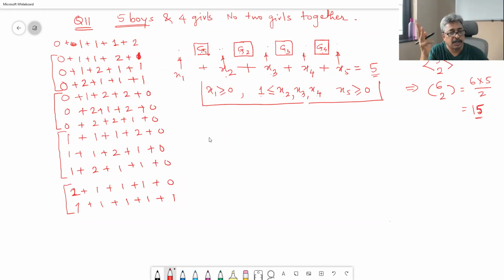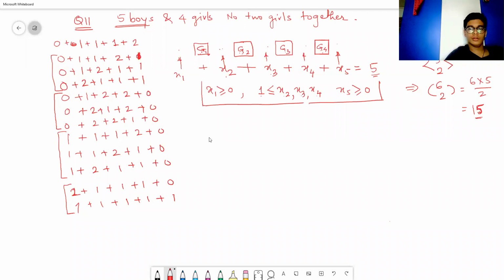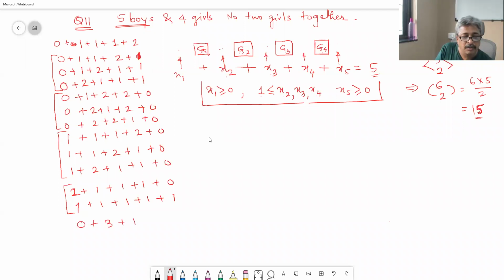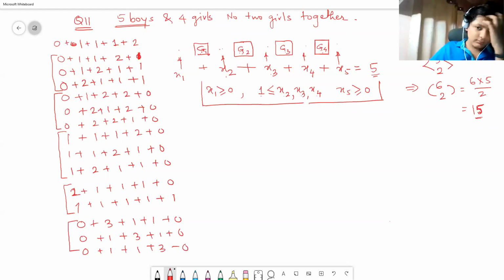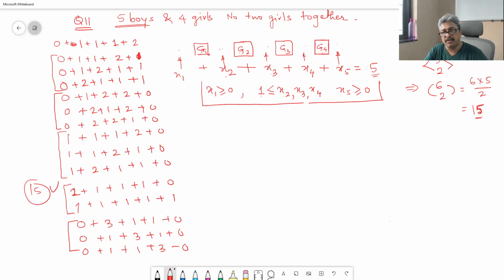So 3 more are missing: 0, 3, 1, 1, 0; 0, 1, 3, 1, 0; 0, 1, 1, 3, 0. Yes, that is 15. Correct. So we are doing correct. So this is 15 ways.